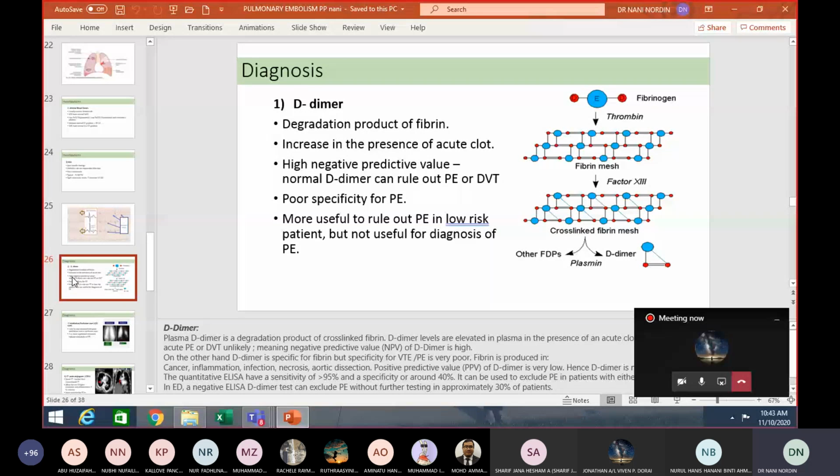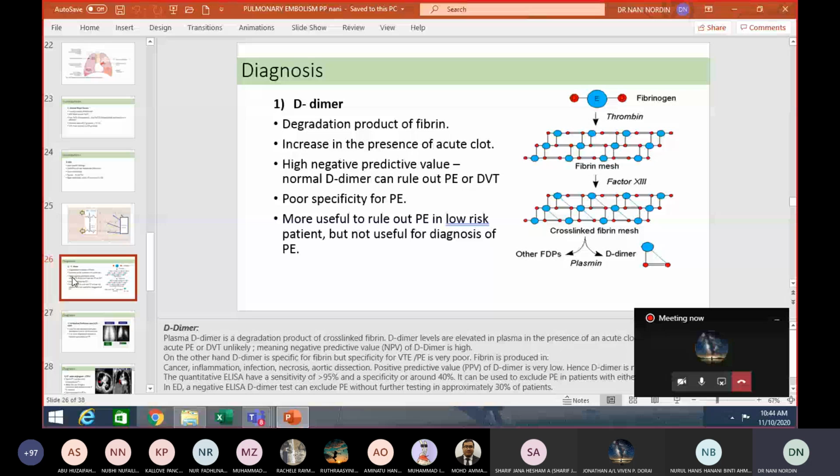All right. So when there is thrombosis, that means there is some imbalance there. But what we are testing here, when we test for the presence of D-dimer, is just to show that there is clot formation there. There is formation of clots, that's all. So it is actually very non-specific, okay?